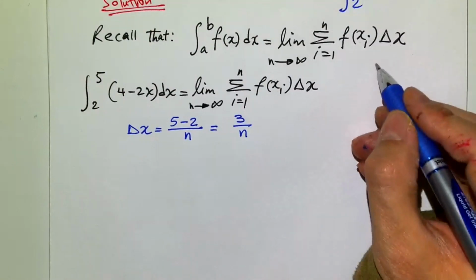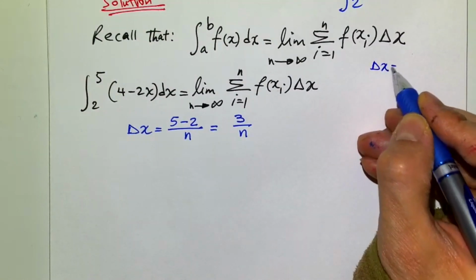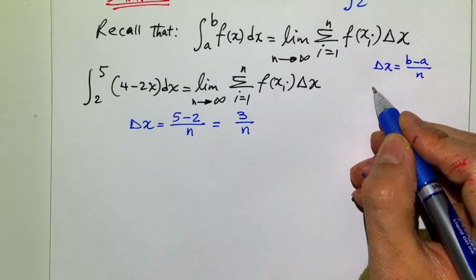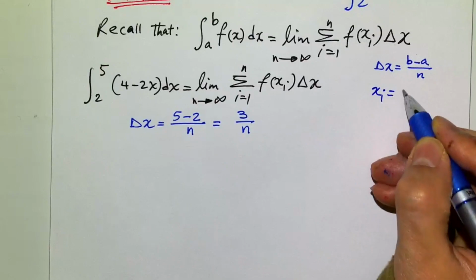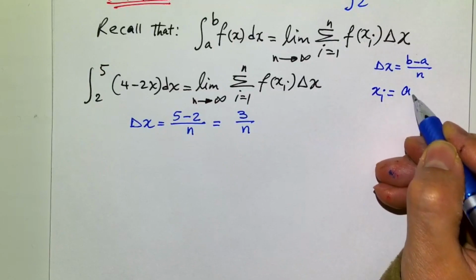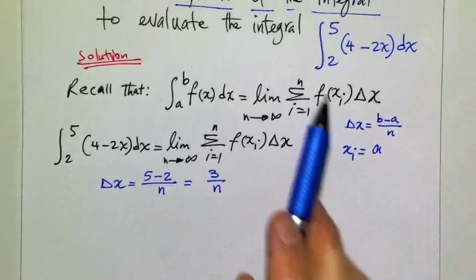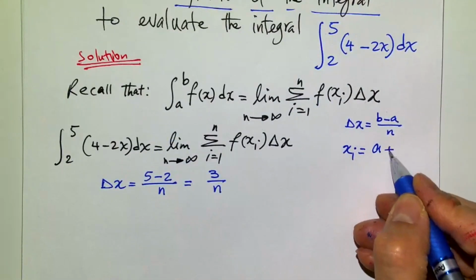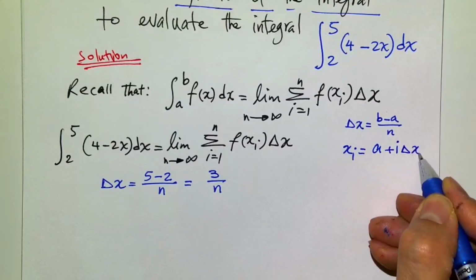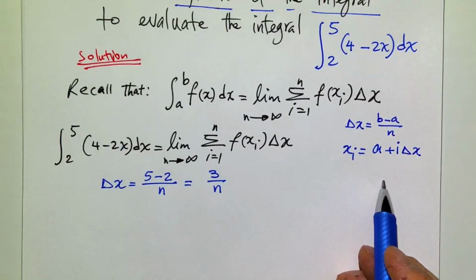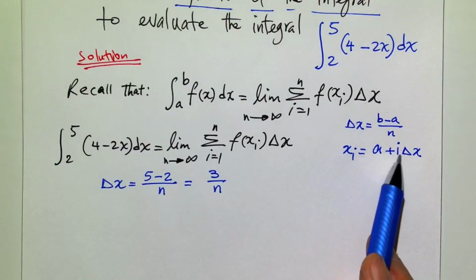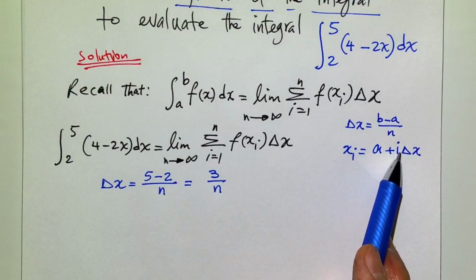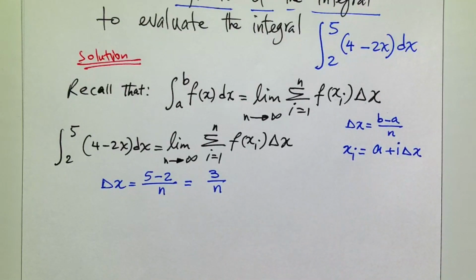In this corner, I'm going to say delta x is equal to b minus a over n, and xi is equal to a, or the lower limit of the integral, plus i times delta x. Okay, so delta x we already know, 3 over n, and then we can calculate that.